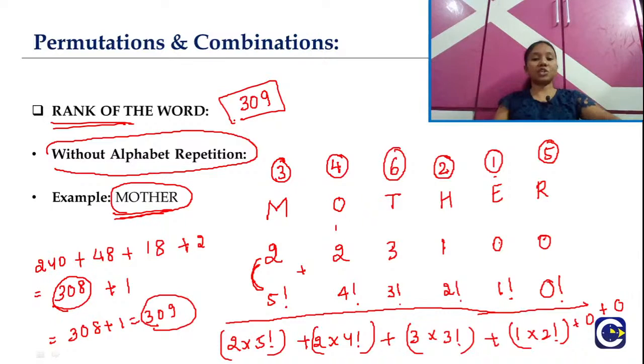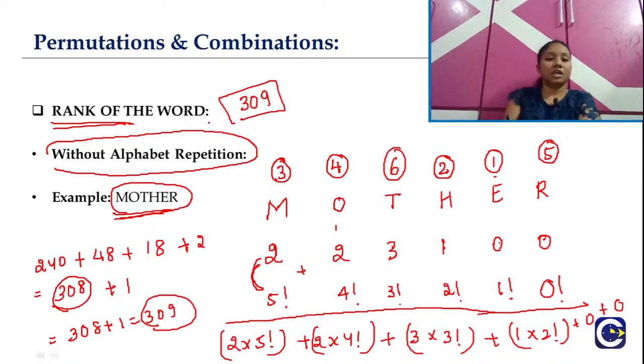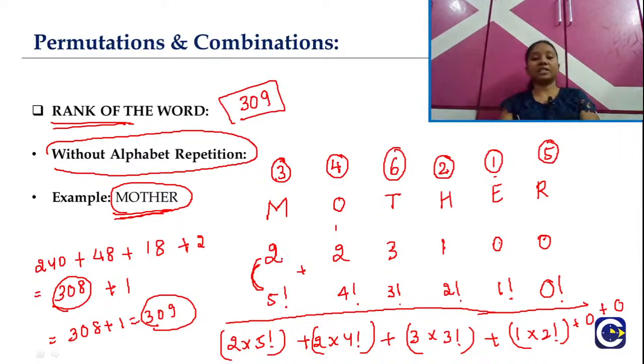Right. So let's have a look once again over the steps involved in the shortcut which we have used here in order to find the rank of the word. The first and foremost step is we'll write down the given word and then one by one we'll give the letters numbers according to their alphabetical order. Right, so that's how we have given, and then we'll start writing the numbers.